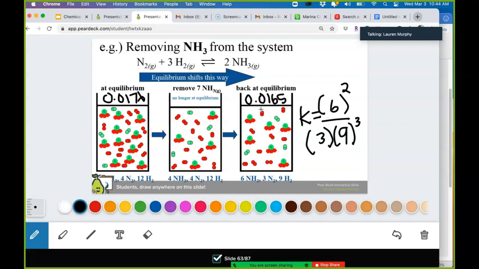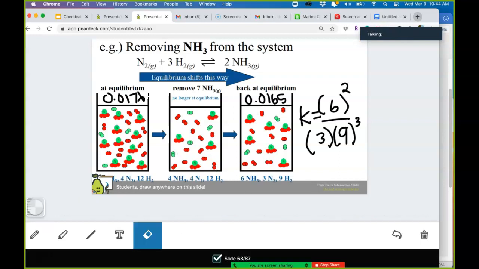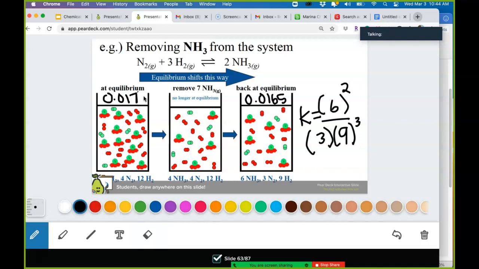And now I do realize this time this doesn't come out to 0.0175, it's 0.0165. I realize they're not identical. However, they're only off by 0.001 if you look at it that way.